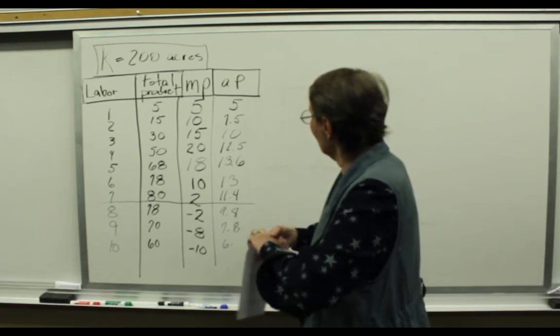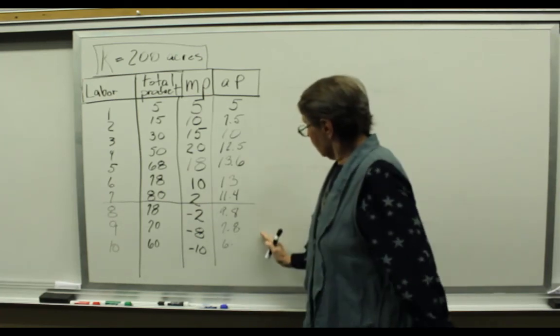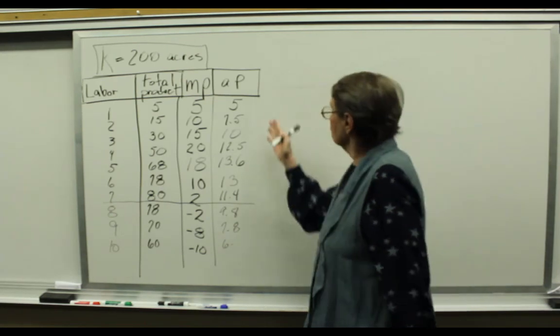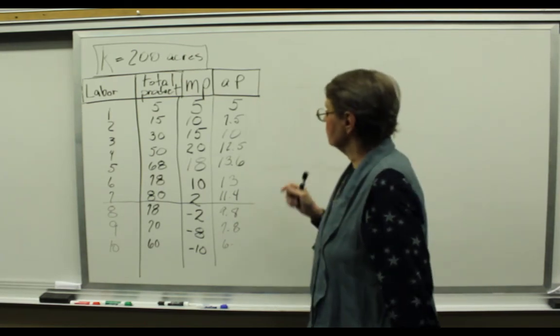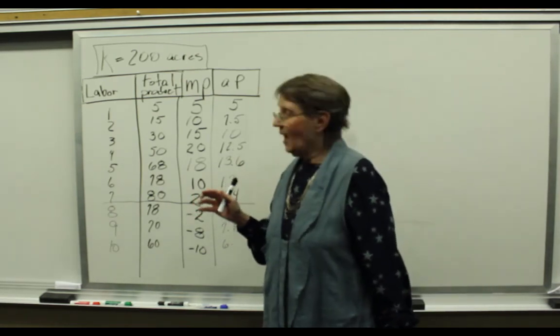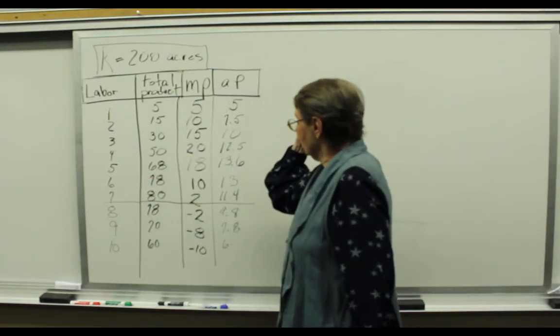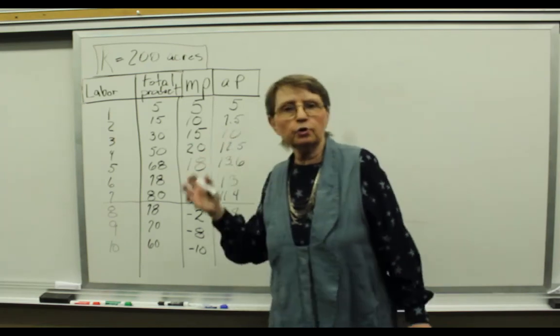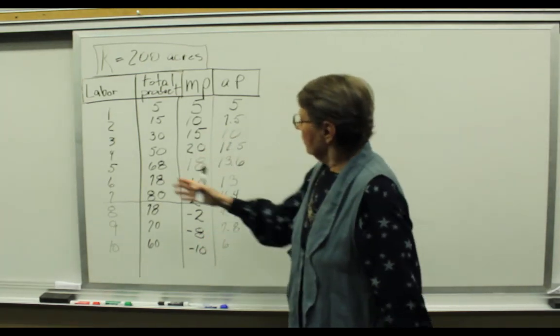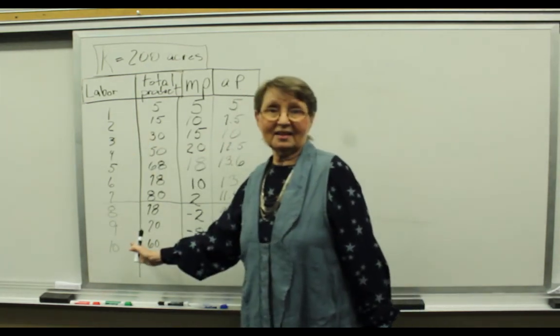So here we have our average productivity schedule, which tells us on average how much each of these individuals is producing. And something your intuition should be saying to you is, well, we probably have to pay these guys.